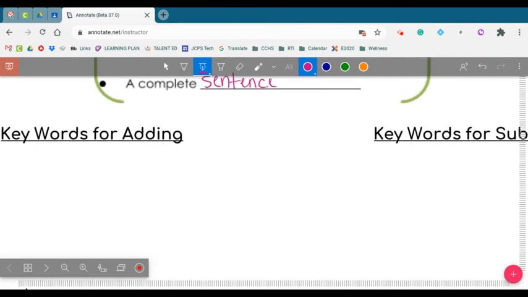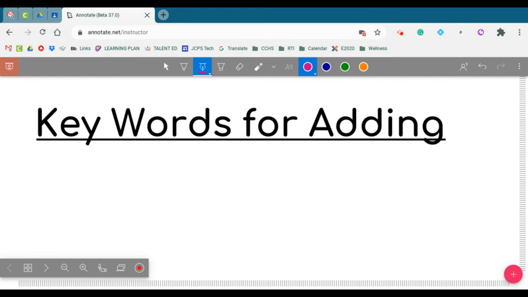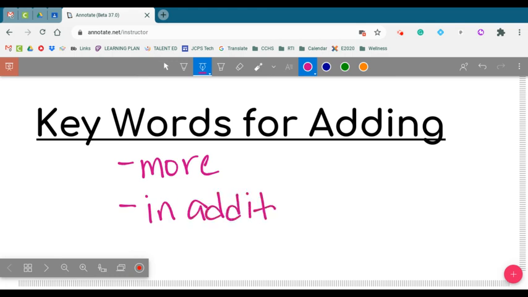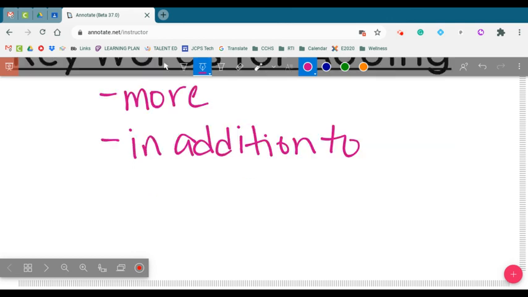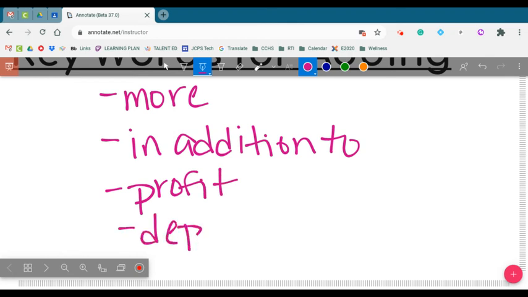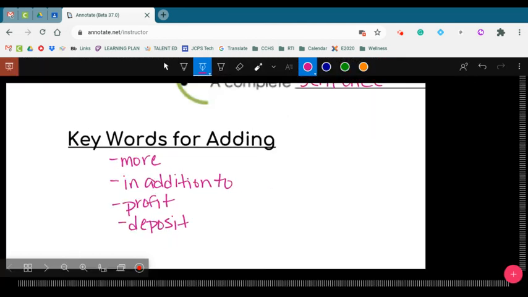Okay, so let's go over some keywords for adding. Adding, you have more, in addition to, profit is adding, deposit is adding. I'm sure you can think of some more, but those are some of them.